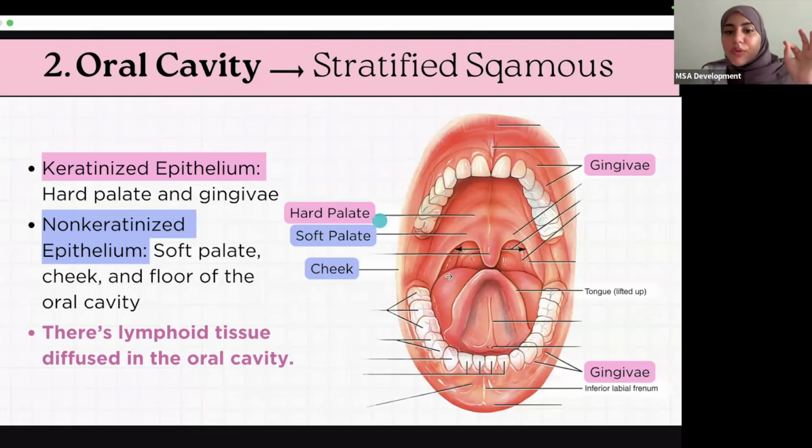And just remember the soft palate and the cheek, as well as the bottom of your mouth. Usually those are the areas that don't really get the hard food that could abrade you or hurt you in any way because the soft palate is at the end of your oral cavity. It's very, very inside. And so by the time you eat that, it's the bolus of food. When you chew food, it's a bolus.